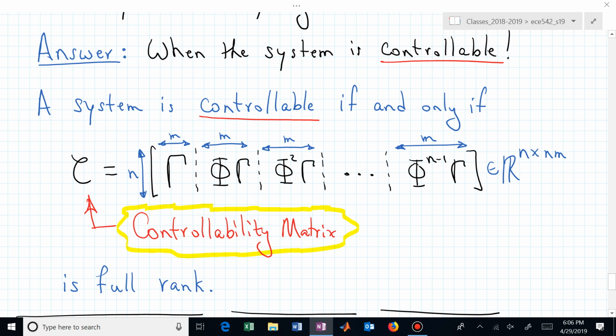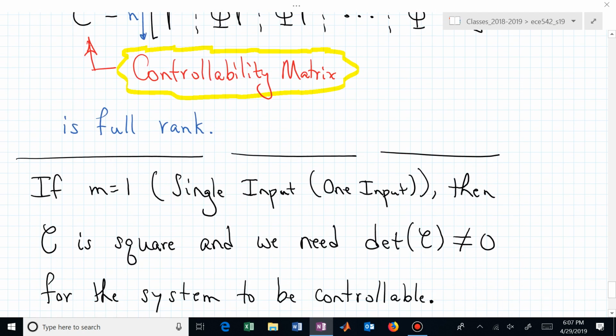Now if we have one input, now this controllability matrix is square and full rank. Well, if we have n rows and they're linearly independent, and then we also have n columns and they are linearly independent, we need the determinant of that matrix to be non-zero.